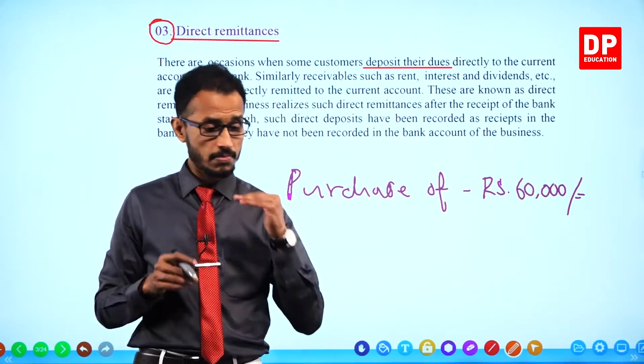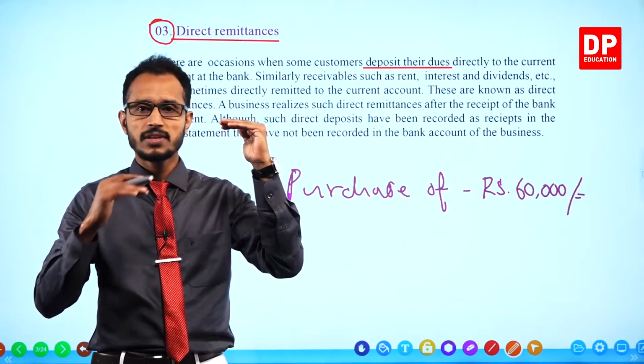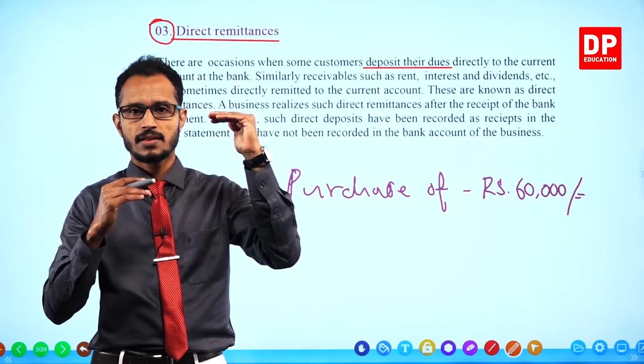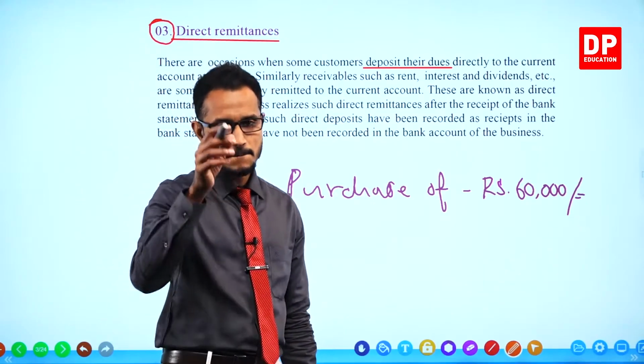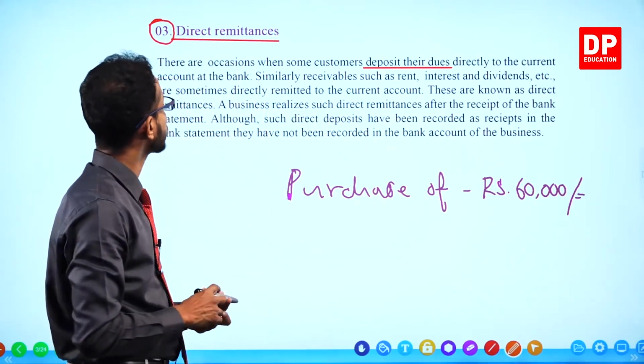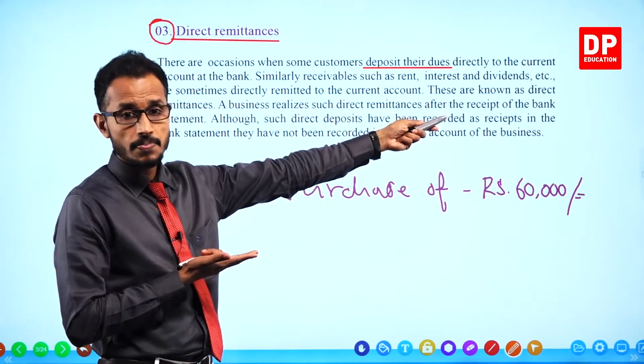Then the bank statement balance is increased, but our bank account balance is not increased. That creates a difference in the final balances. Got it? That's what the textbook has given.